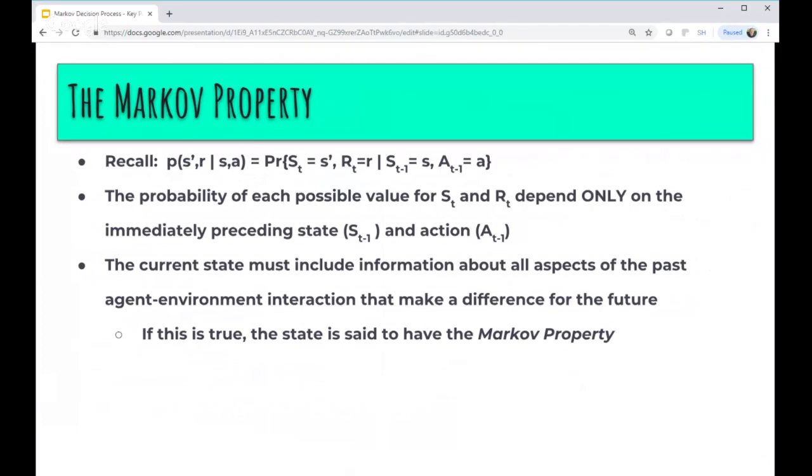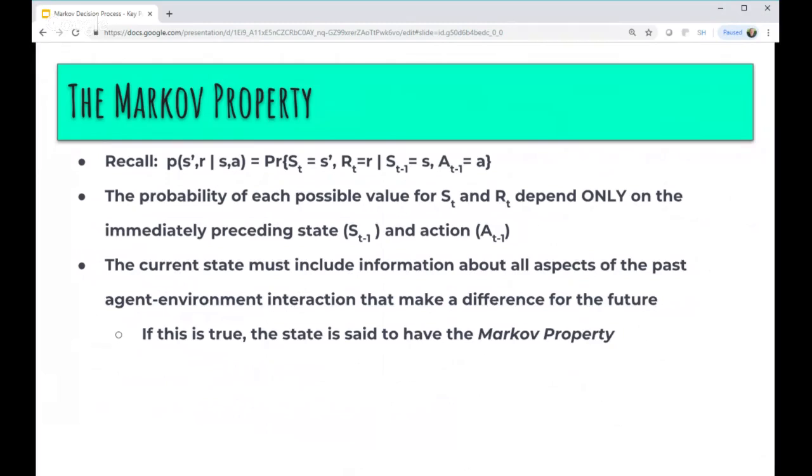So looking at that equation, you can see that the probability of each possible value for S sub t and R sub t depends only on the immediately preceding state, S sub t minus 1, and action, A sub t minus 1. So that is a key property. It only depends on the current state and action, nothing else about things that have happened.